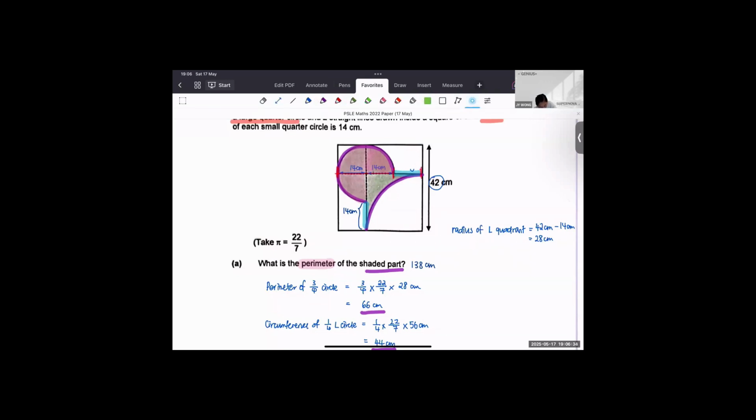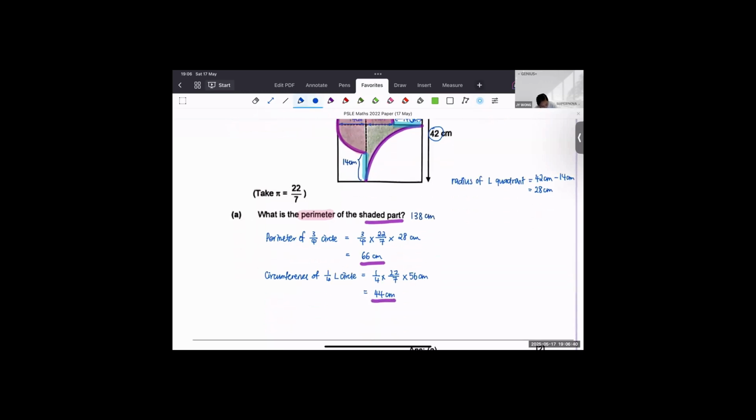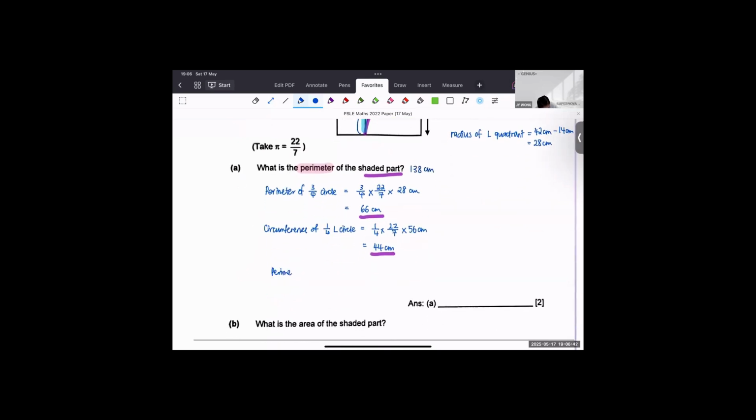Then from here to here, we already found out is 42 minus 28, so this will be 14 cm. So the perimeter of this whole thing will be 44 cm plus 66 cm plus 28 cm. If you don't want, you can write out each of it: 14 plus 14 is 28. This will give you 138 centimeters. That's it.